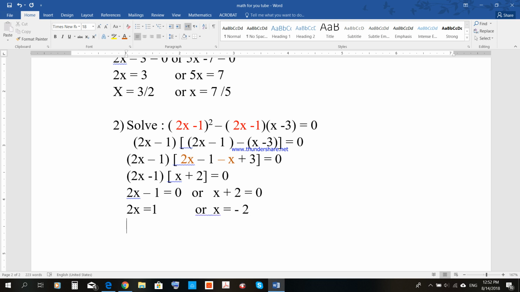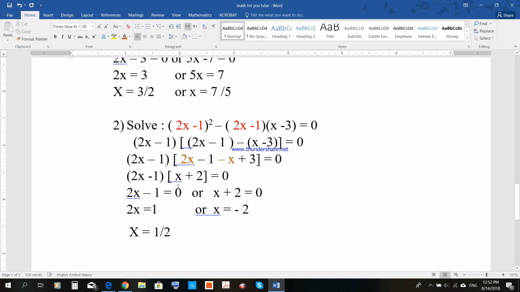Now 2x equal 1, it becomes x equal 1 divided by 2.